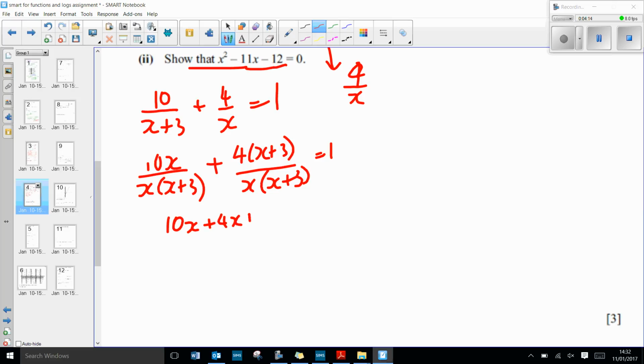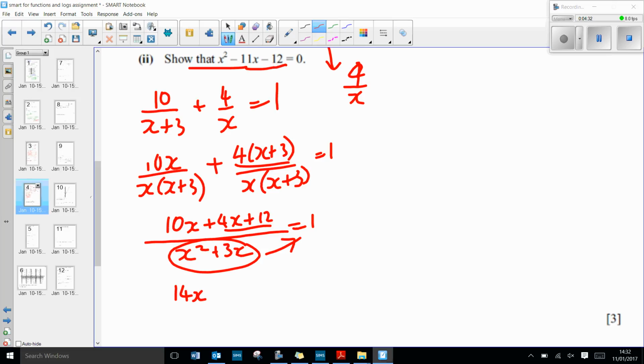Note I've expanded the bracket here to give this, and expanding this gives that. Now if you have a fraction on the left equal to that, we would bring our denominator up to the other side, so it gives 14x, because I've joined these two terms together, plus 12 equals x squared plus 3x. You can see this is in the form of a quadratic, so we know to solve a quadratic it has to equal 0.